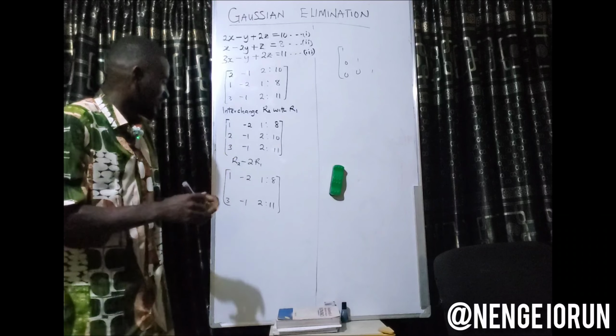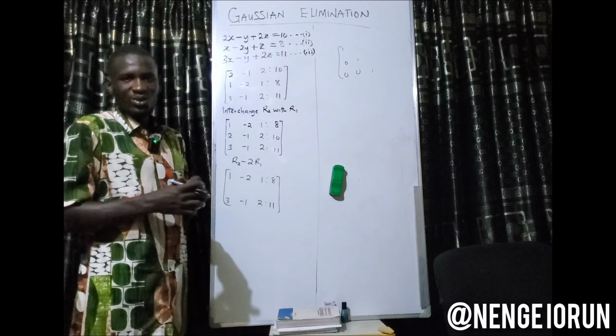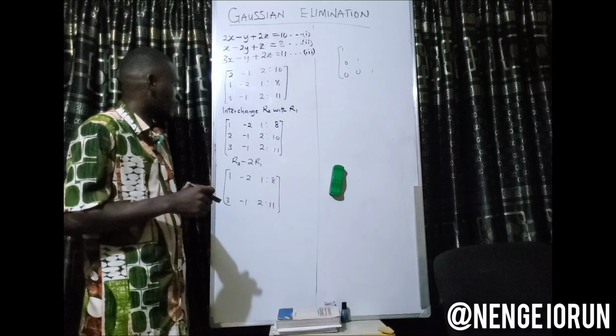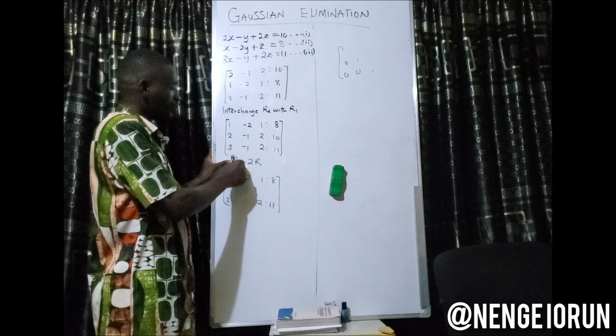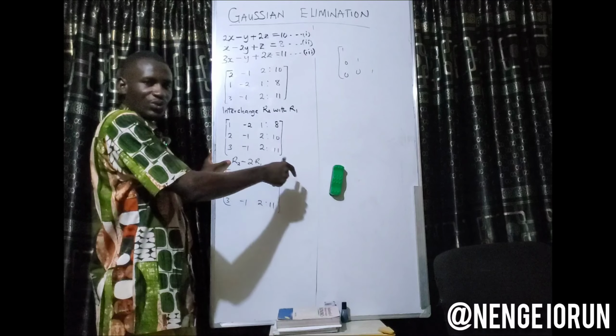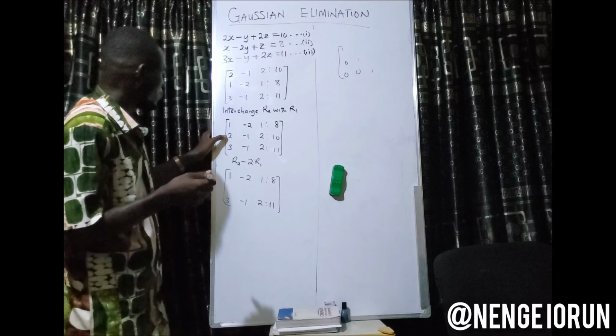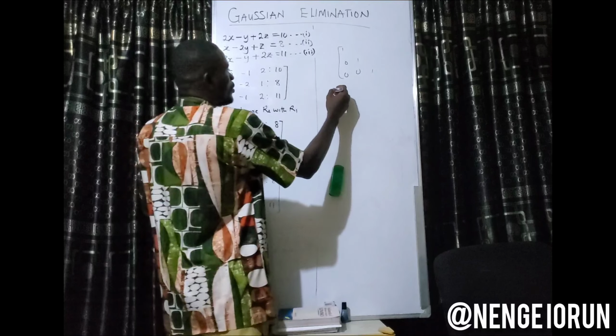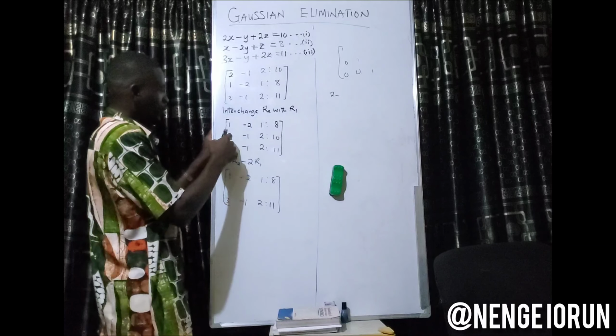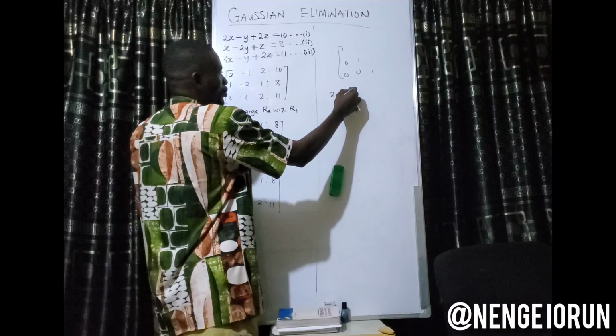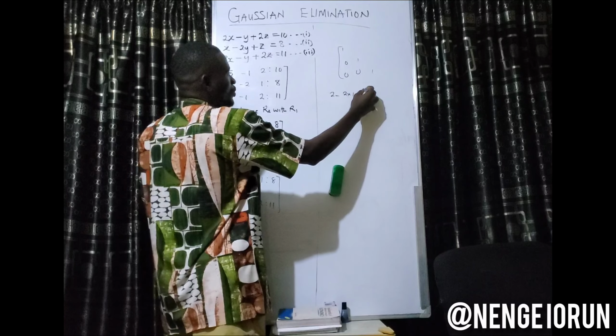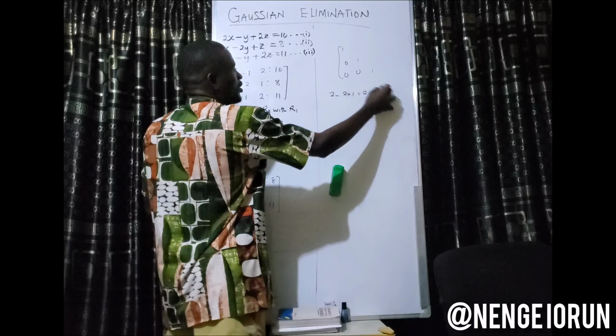So what we are going to change here is row 2. The formula is row 2 minus 2 times row 1. Row 2 here we have 2, minus 2 times row 1. 2 times 1. This will give us 2 minus 2, which is 0.